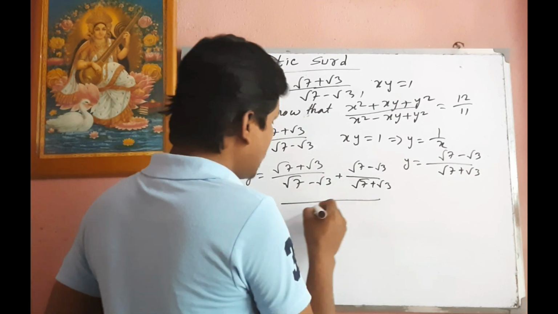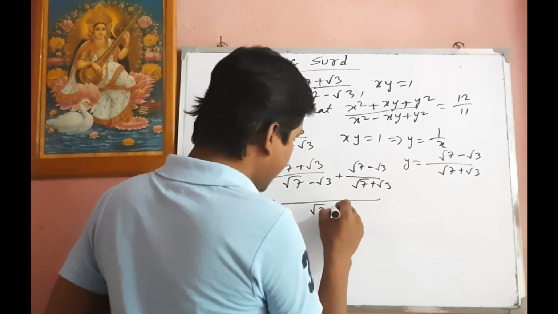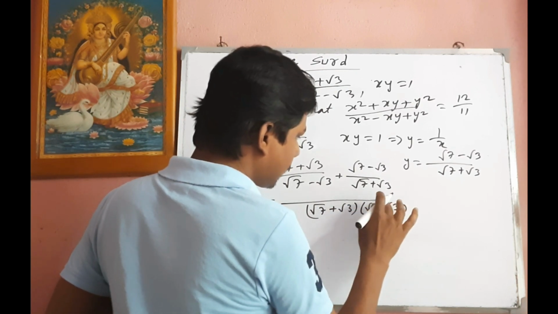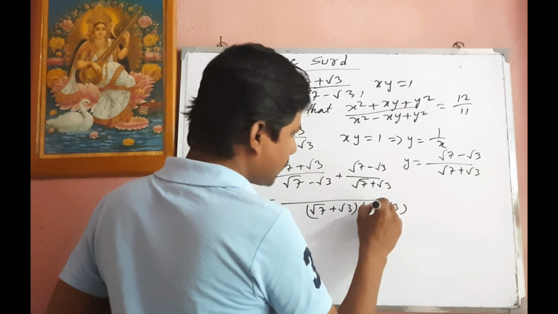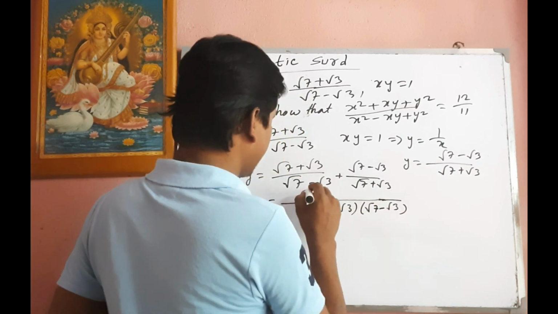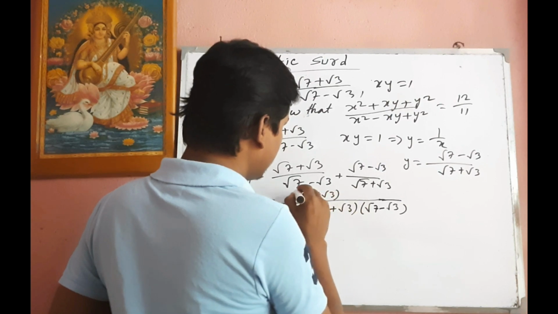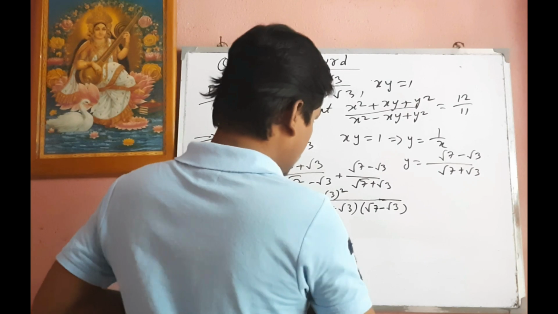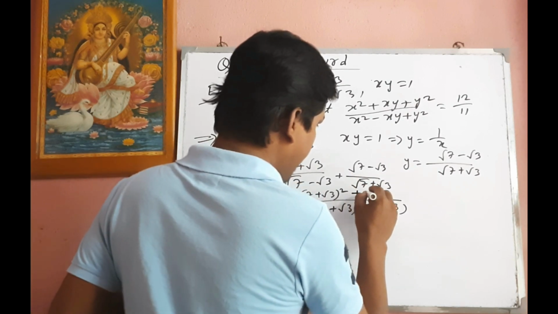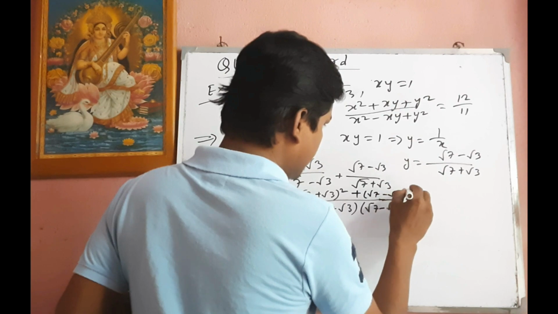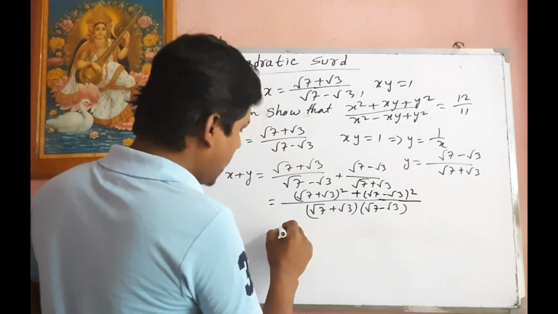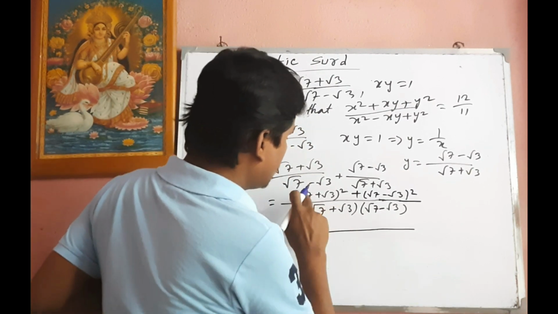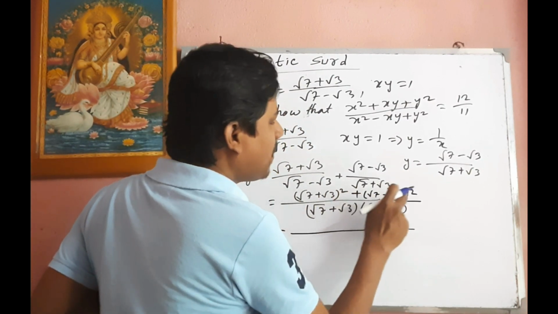Now calculating, we get a plus b whole square plus a minus b whole square.